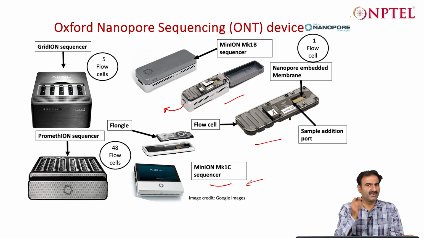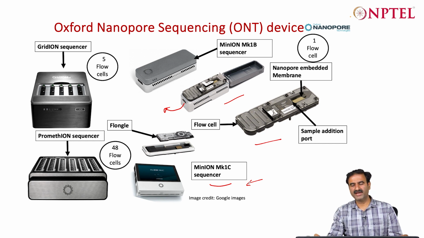And these are the bigger versions, PromethION and GridION, which are for the big sequencing labs. But for our purpose, at the researcher level, lab level, basically MinION and MinION MK1C and normal MinION are good devices.